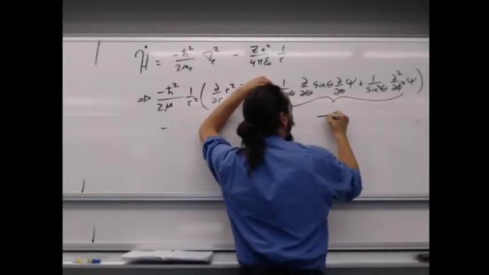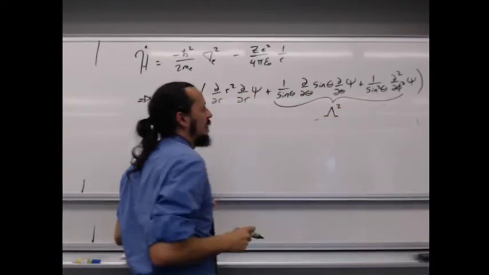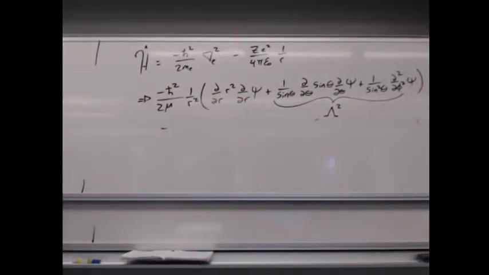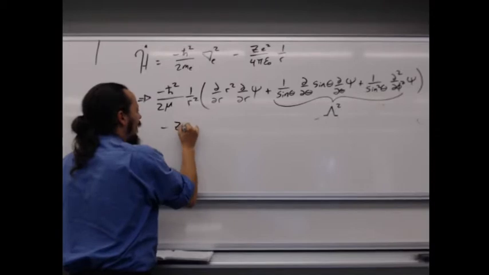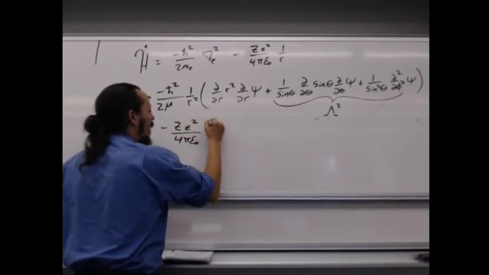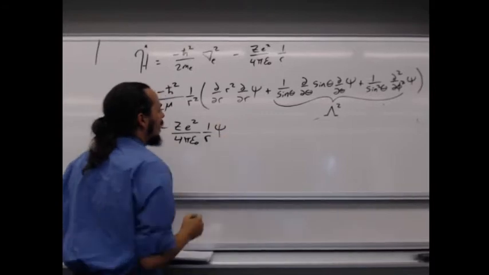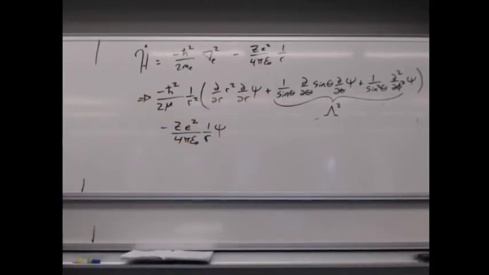If you remember, this chunk is what we called lambda squared. We still need this minus part here, the Ze squared over 4 pi epsilon naught, 1 on r psi. We still need that Coulombic attraction to talk about the electron being pulled towards the nucleus.